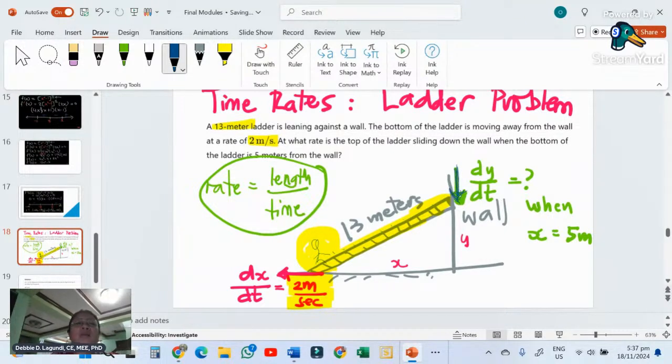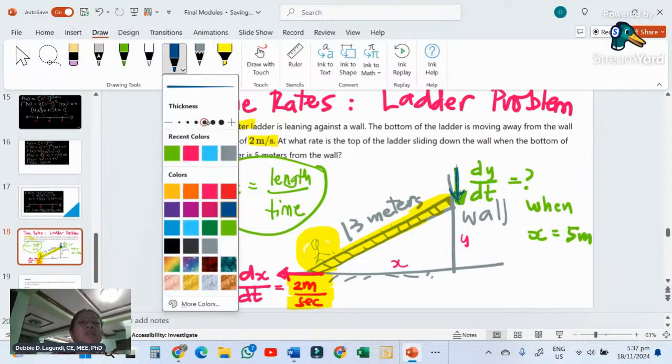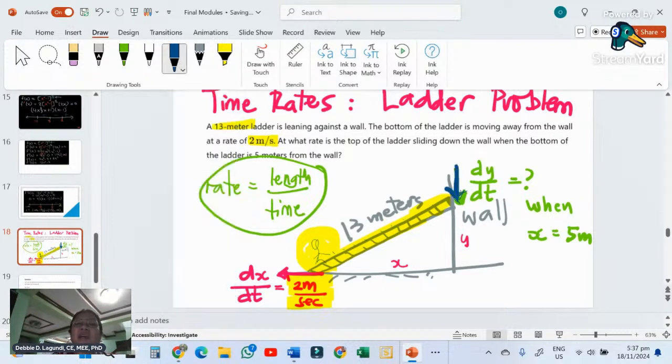So at what rate is the top of the ladder sliding down? How many meters per second is the ladder going down when the bottom of the ladder is 5 meters from the wall?